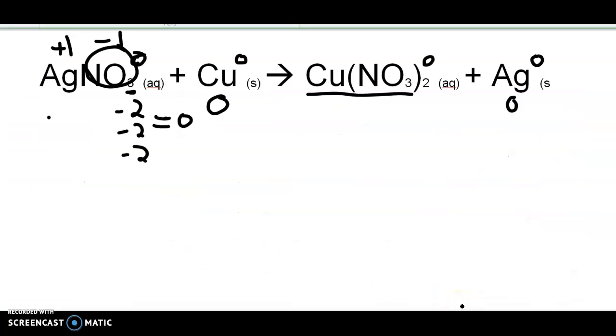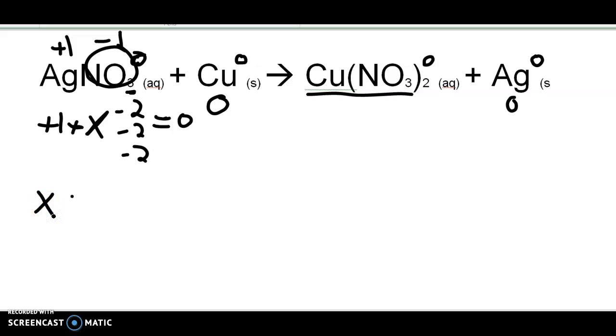So silver, we know, is going to be +1. Now, we don't know what the charge of nitrogen is, so I'm just going to put plus x, and we have to solve for x. So I'm going to just rewrite this to make it a little prettier.